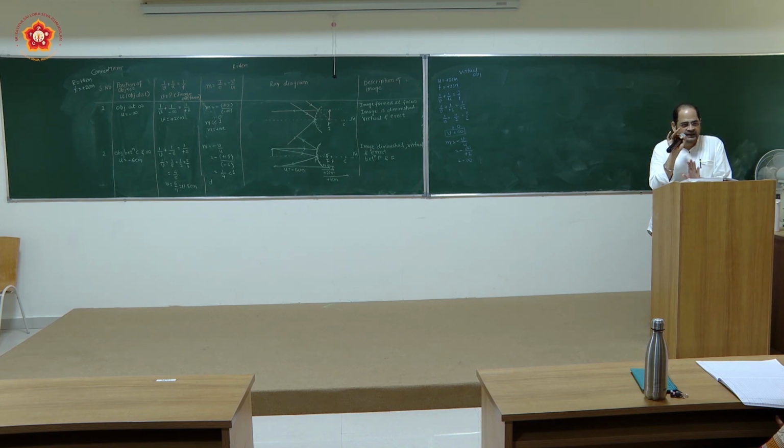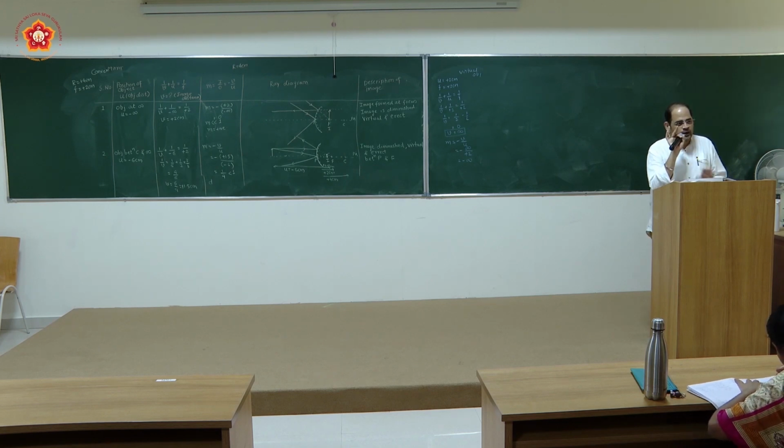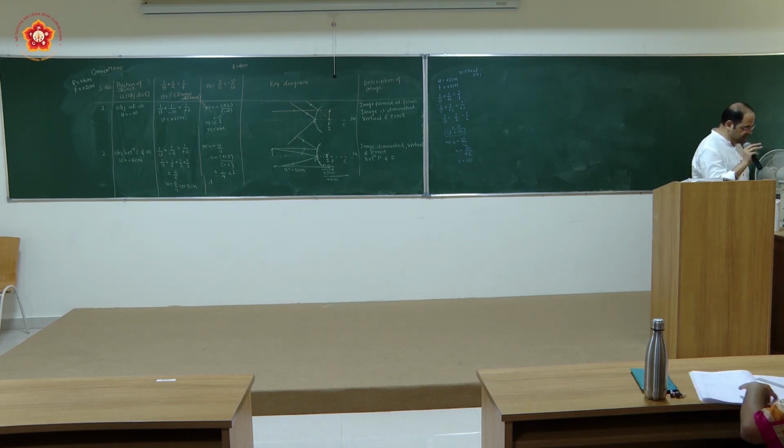This property is used to identify the mirrors, not the concaveness or the convexness, because concaveness and convexness are very little in an actual mirror as compared to the ray diagrams that we are showing. That is the reason in the beginning I showed you both the concave and convex mirror and asked you to identify. So I'll now show you how to identify concave mirror and convex mirror.